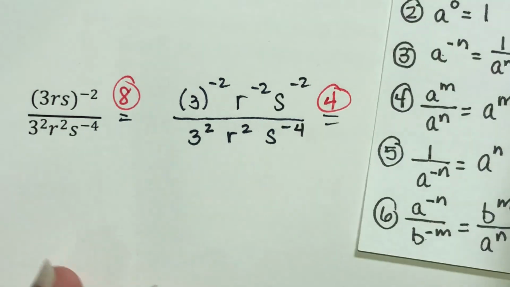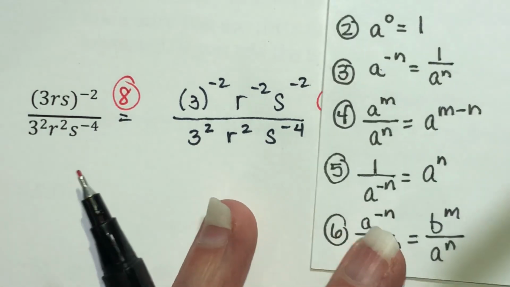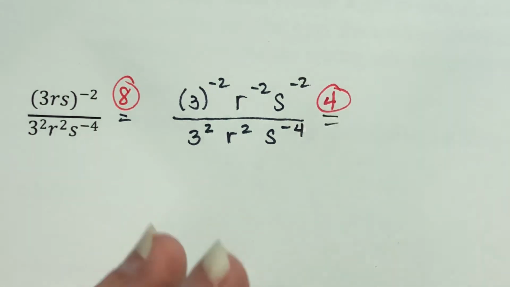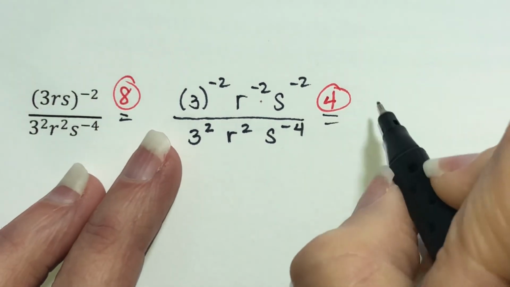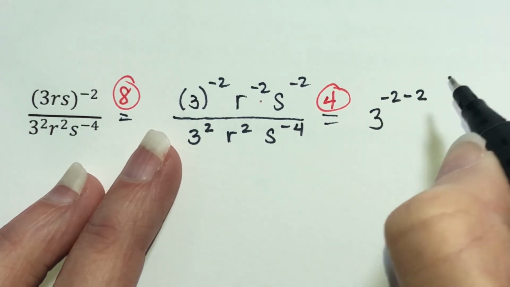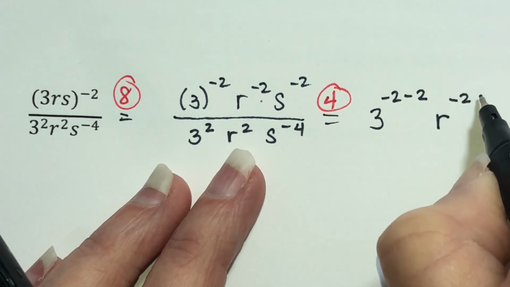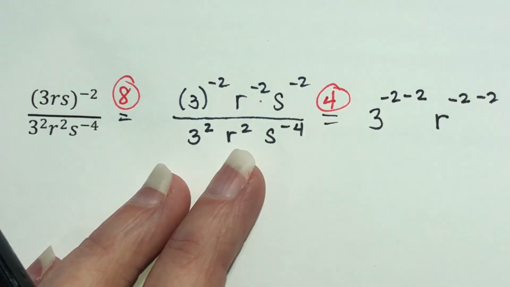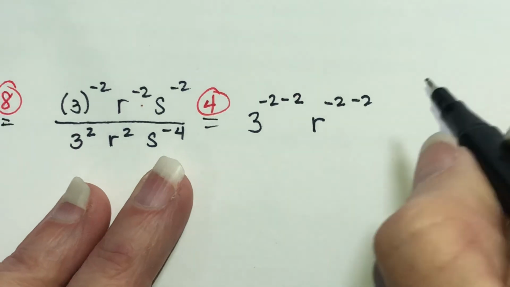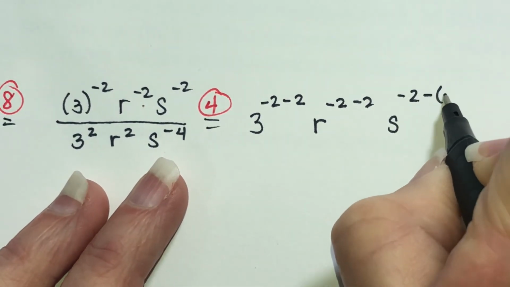If you look at property 4, it's always the top exponent minus the bottom exponent. So let's be careful with that. This is 3 to the negative 2 minus 2. This is r to the negative 2 minus 2, top number minus bottom number, times s to the negative 2 minus a negative 4.